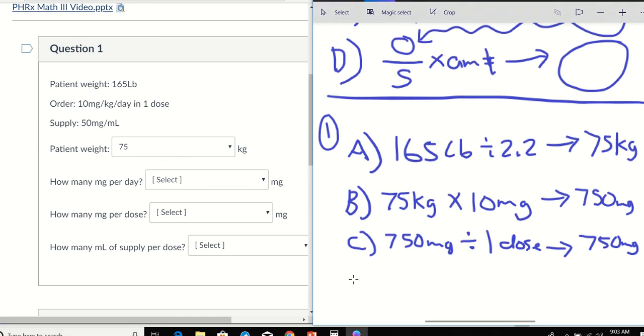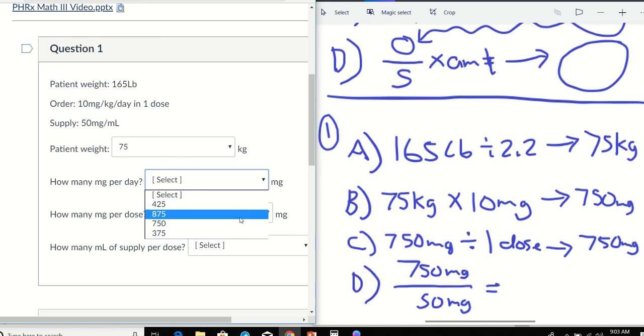So step D, our order is 750 milligrams per dose, and our supply comes 50 milligrams. So how much drug per day? 750. How much drug per dose? Well, it's the same, 750.